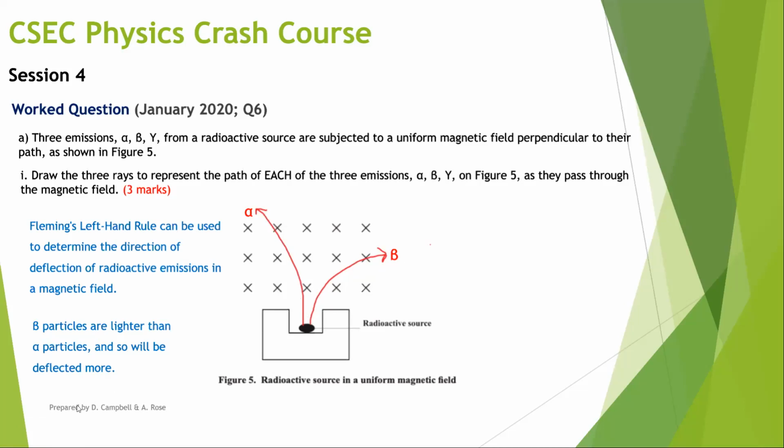So when you draw these rays, you need to ensure that the beta particle ray bends more than the alpha particle. Now, as we said earlier, gamma rays are not affected by magnetic fields, so they will pass straight through upwards. All right. So that would be for the magnetic field.